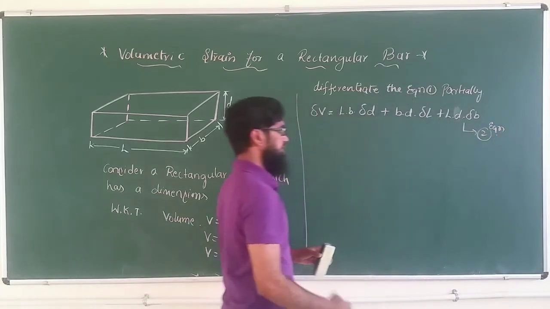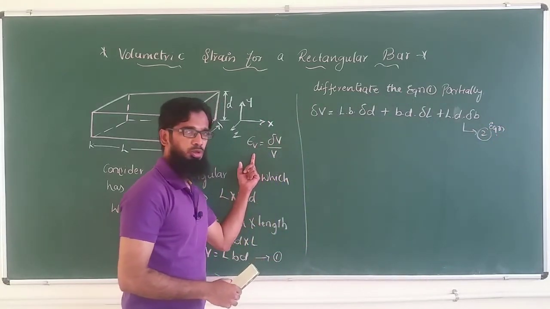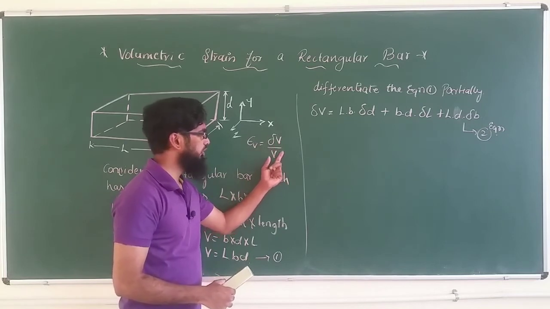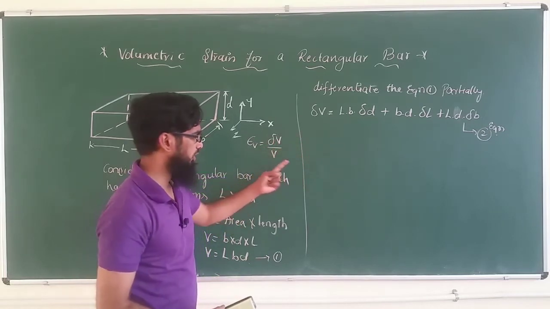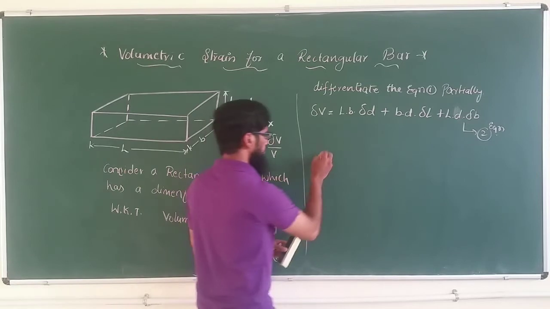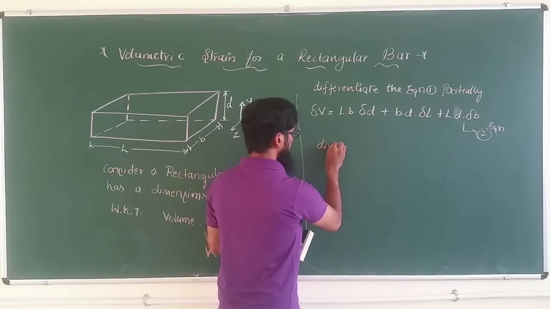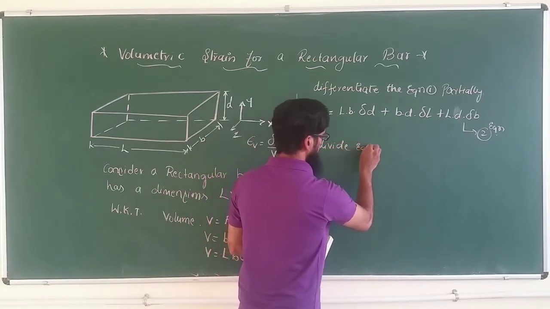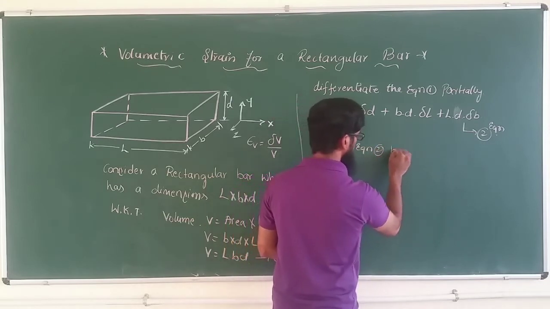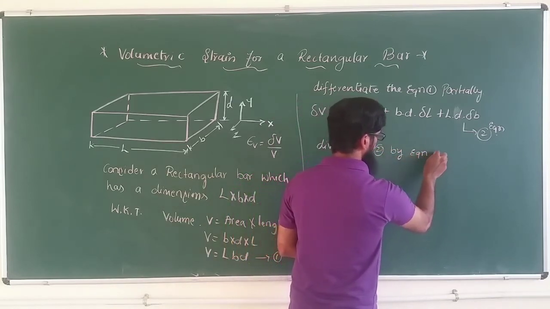Now what do I have to do here? I need to find the volumetric strain, that is delta V by V. So delta V is your equation 2 and V is your equation 1. So divide equation 2, just simplification here, by equation 1.